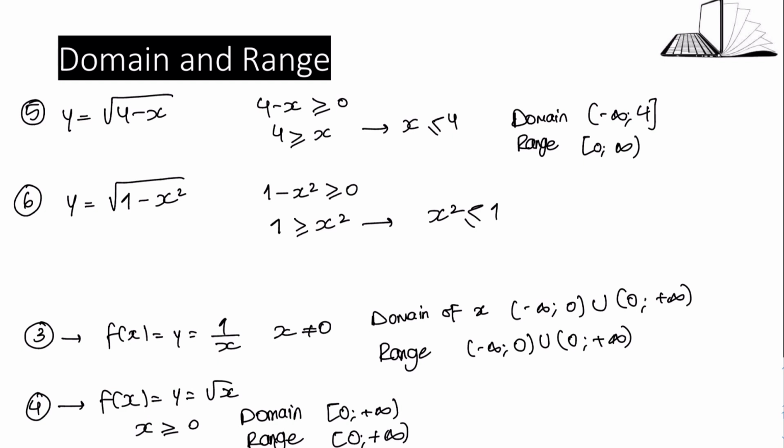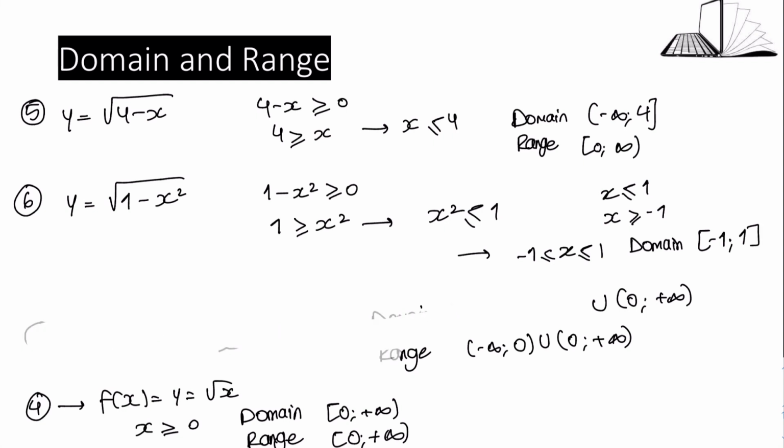I want to get the values of x. So x is less than or equal to 1, and x is more than or equal to minus 1. So x takes the value between 1 and minus 1. So the domain in this case, x can vary only between the accepted values of x, so that the square root is defined. The accepted values are between minus 1 and 1. So the domain here is minus 1, 1.